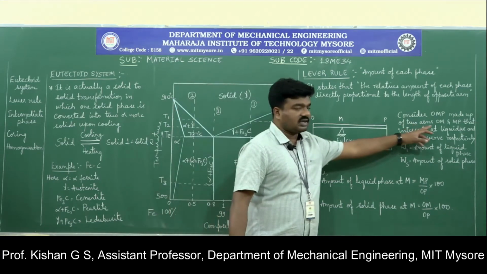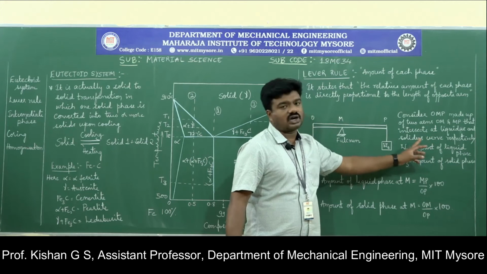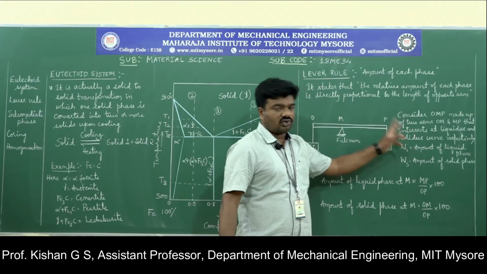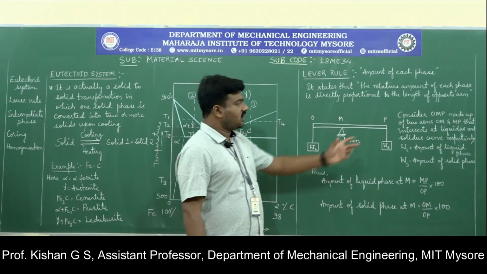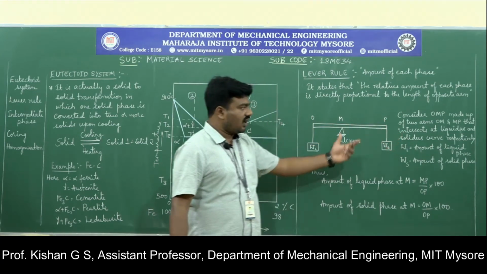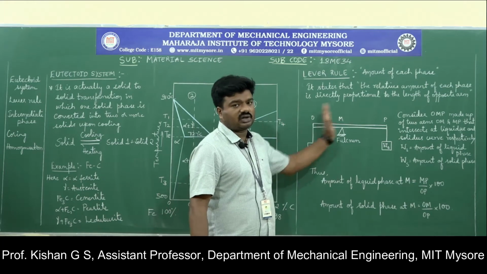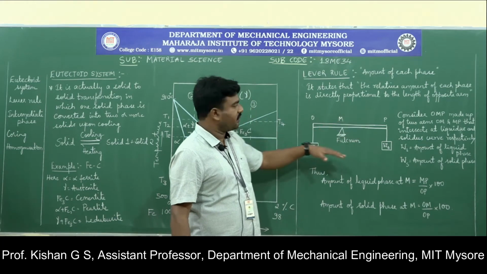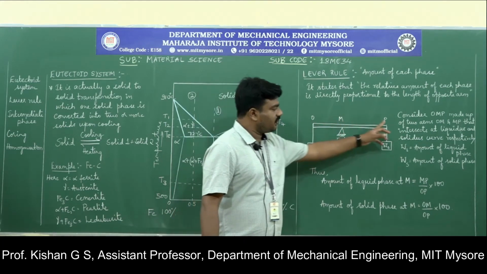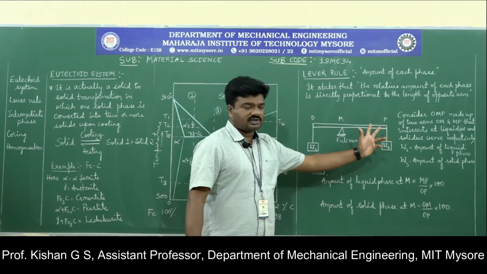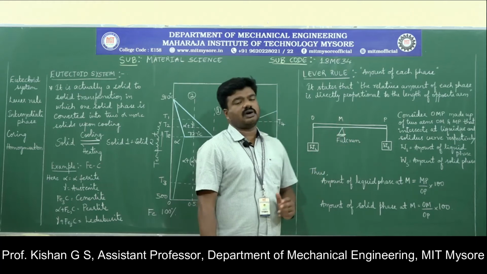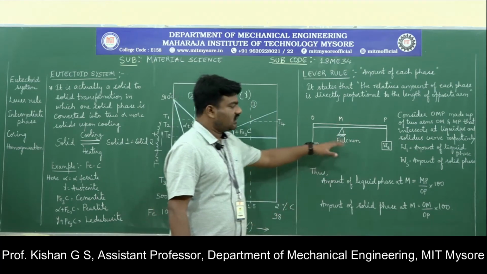So OM is the liquidus line and MP is the solidus curve, and we have a lever made up of those two arms. Here we represent that constructively, with M fixed at a particular point, hence we have taken it as the fulcrum here.